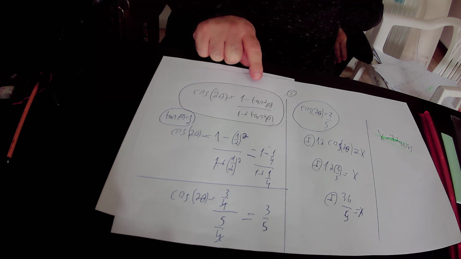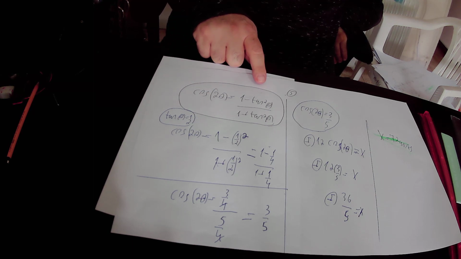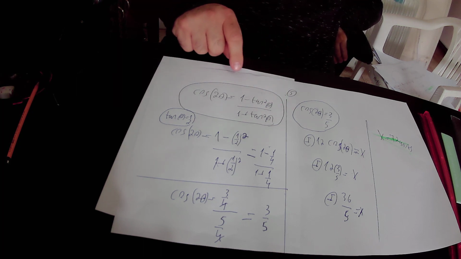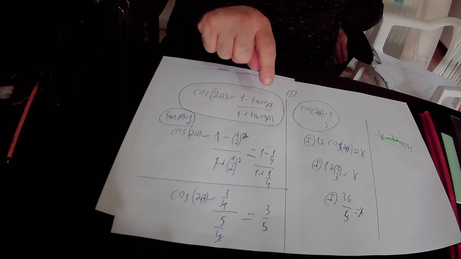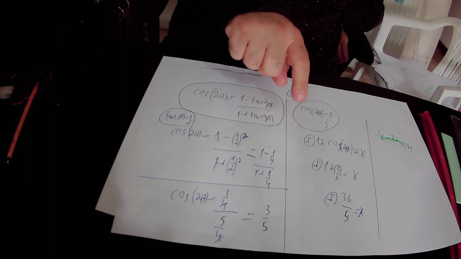We did it and we got here that cosine 2 theta equals 1 minus tangent square theta over 1 plus tangent square theta. Tangent theta equals 1 half, so tangent square theta will be equal to 1 half squared, that is 1 quarter.